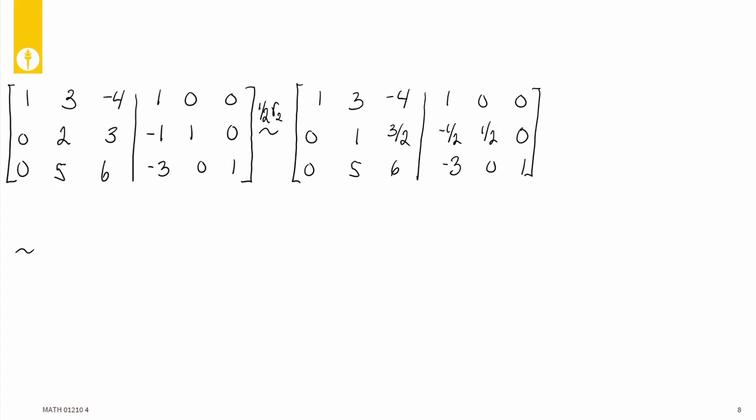Then what? -5 raised to +4. I'm going to ignore that for now. 3 for that 1, 0, 0.